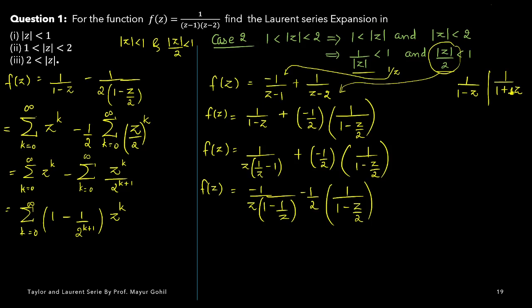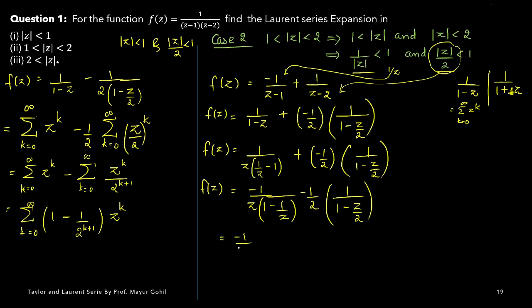These are done. Now we go for the expansion. Instead of expanding, we'll write the compact form. What was the compact form for 1 upon 1 minus z? The compact form was summation z raised to k, k running from 0 to infinity. Instead of z, I have 1 upon z over here. Can you see this 1 upon z?